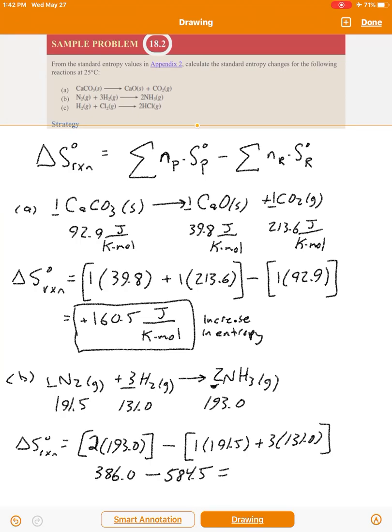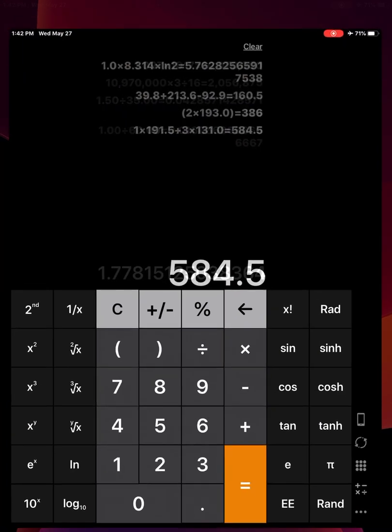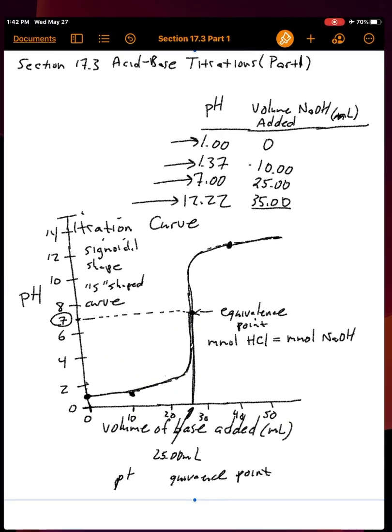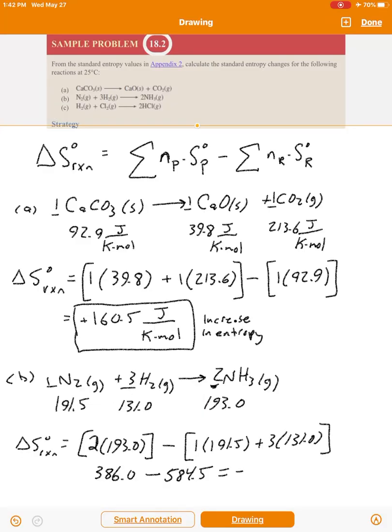Okay, so 386 minus 584.5 is minus 198.5. Again, the units are joules per Kelvin mole. So there's our answer for part B.